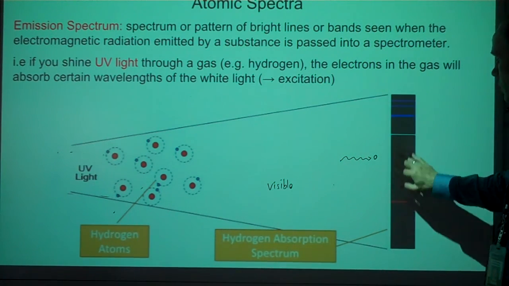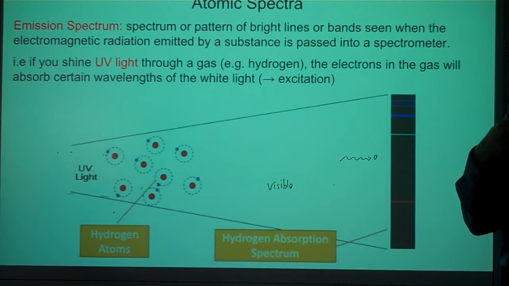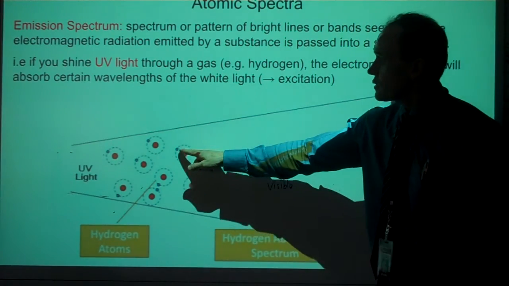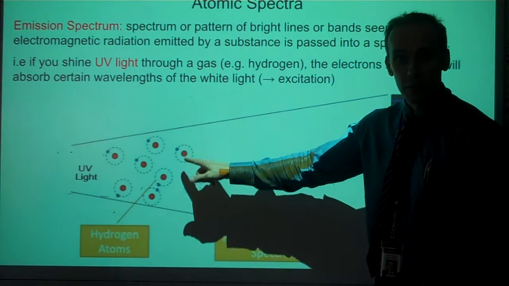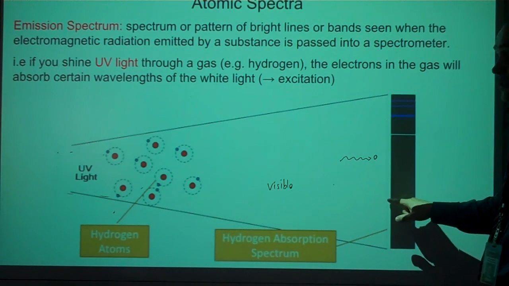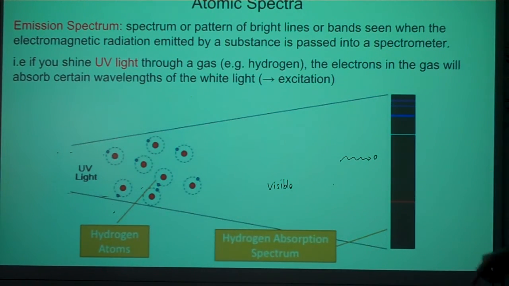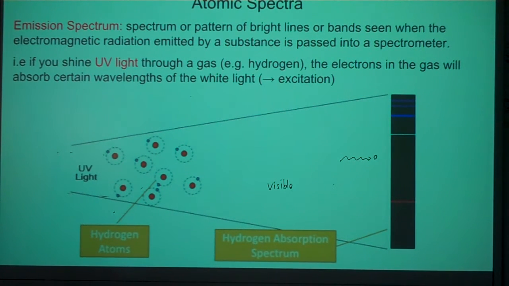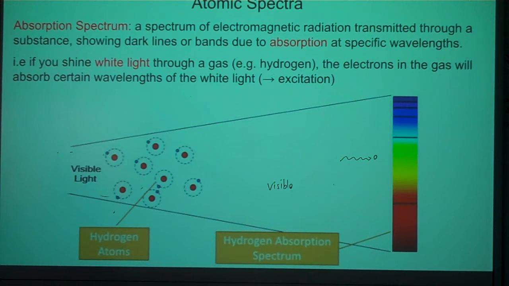And so in a black background, because is UV light visible in terms of our eyes, for example? It isn't. But what these guys are doing as they jump up one or more shells and jump back down, they're giving off coloured light of certain frequencies. Notice that the spectra, if we flick back and forth, are identical. One, the other, one, the other.